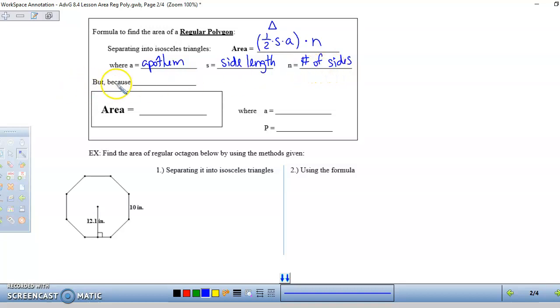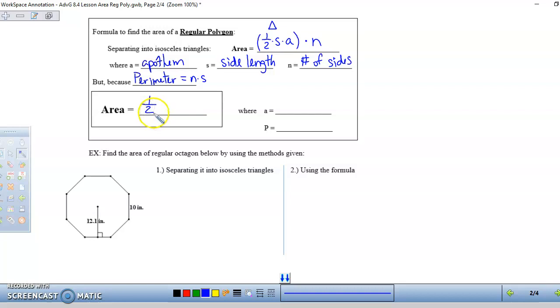Now, because the perimeter is just equal to the number of sides times the side length, so n times the side, you can actually combine this into one big formula, and this is the one we generally use.